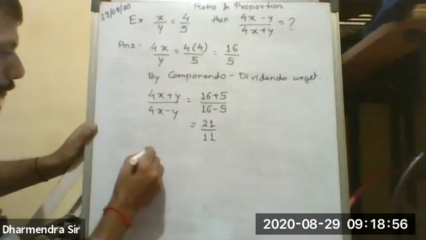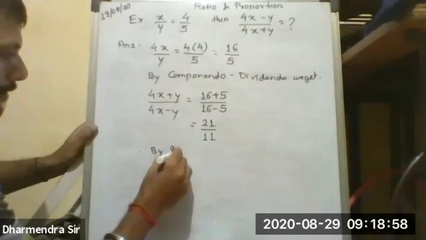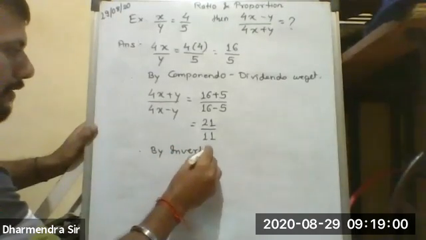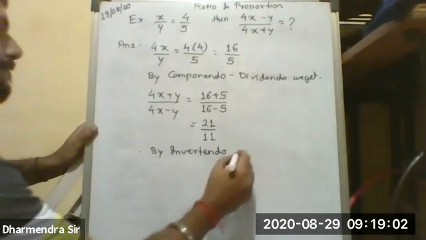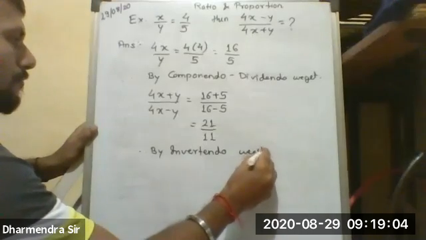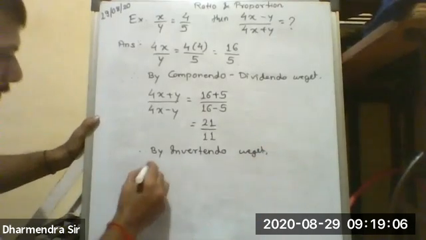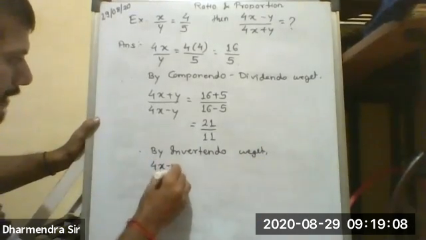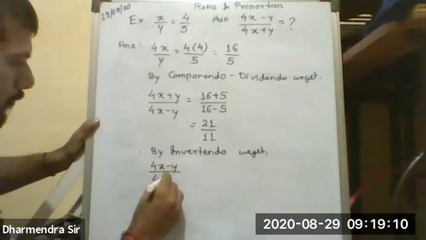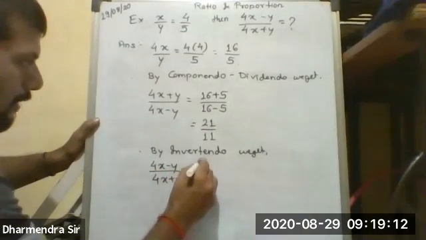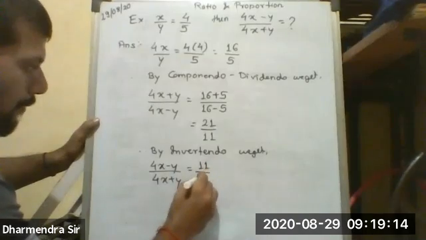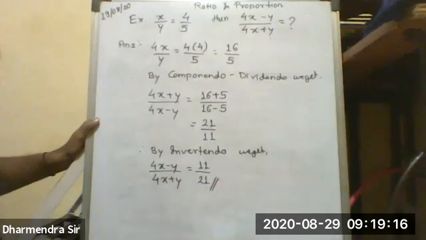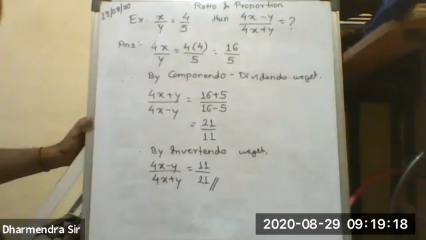So therefore, by invertendo, we get 4x minus y upon 4x plus y is equal to 11 upon 21. And this is our required answer.